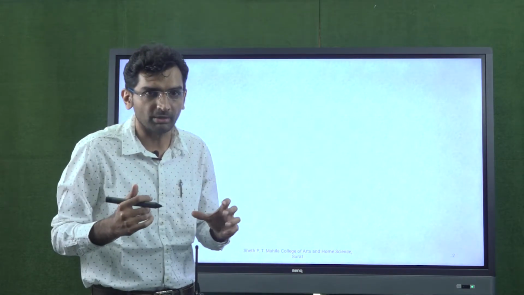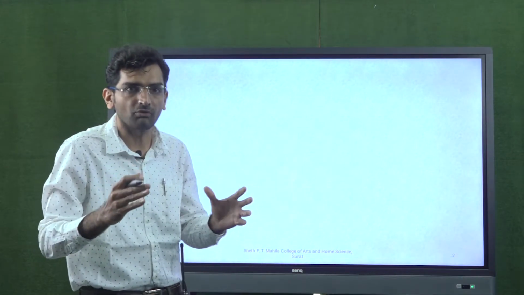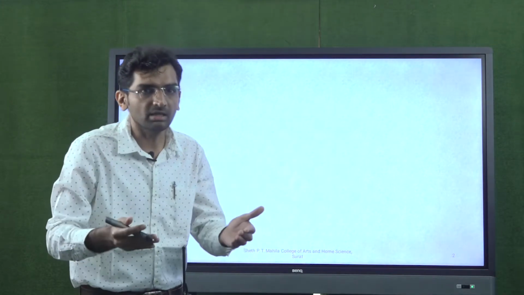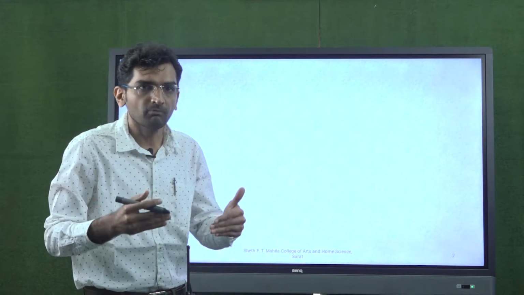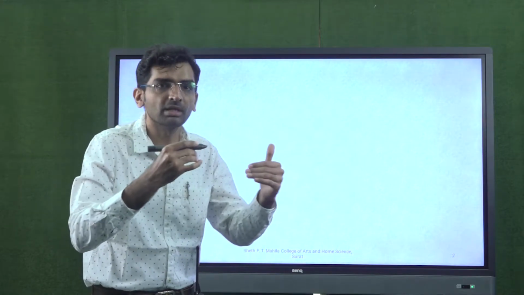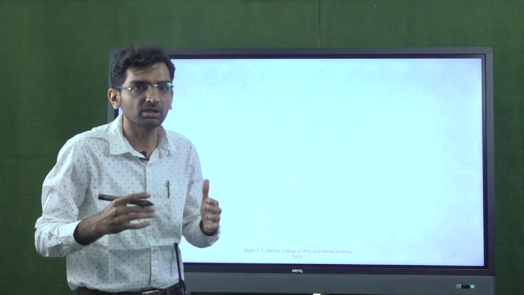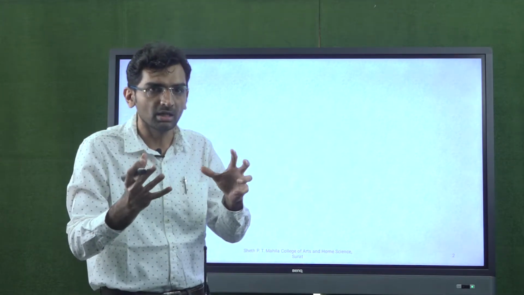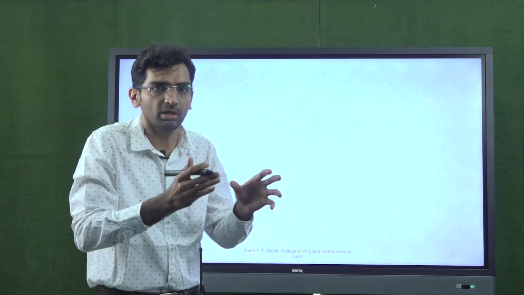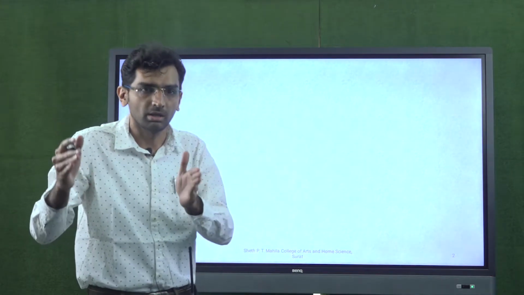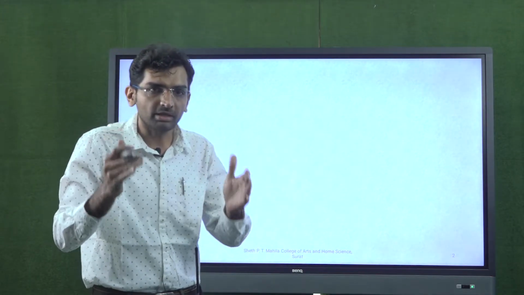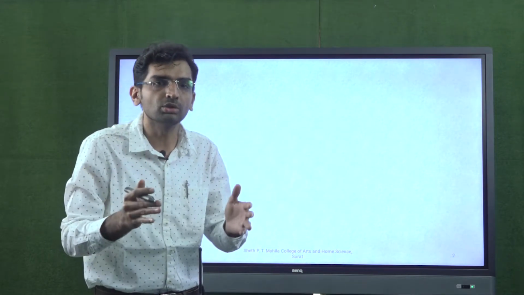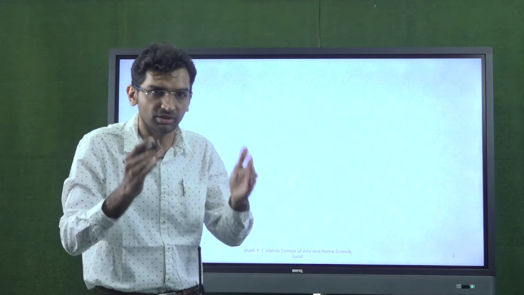There is no indication of direction in that. But if you say you are going at 50 km per hour in the north direction, here you have included the direction along with your magnitude. So a vector is basically a quantity which shows you the magnitude as well as direction.